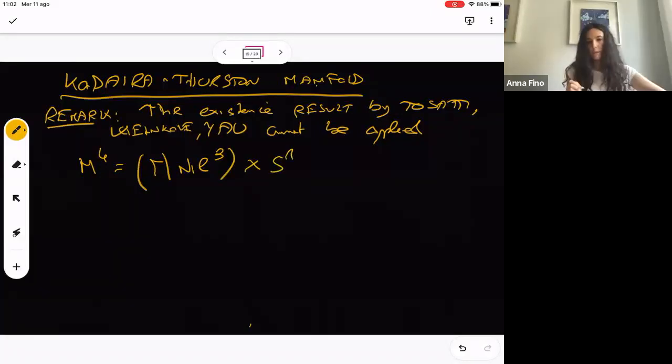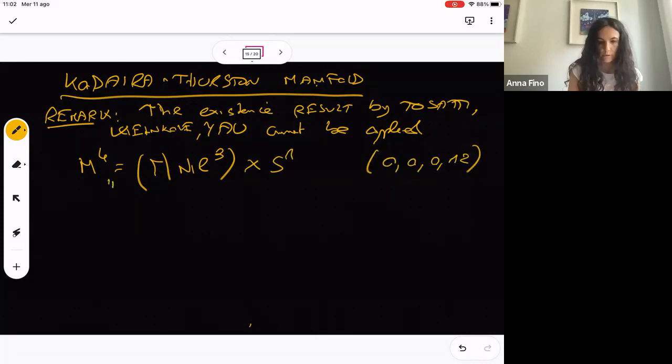I don't write the expression anymore; we just write it in this way, the associated structure equations of the Lie algebra that we have. And what is important to remark is that this is a total space of a bundle.